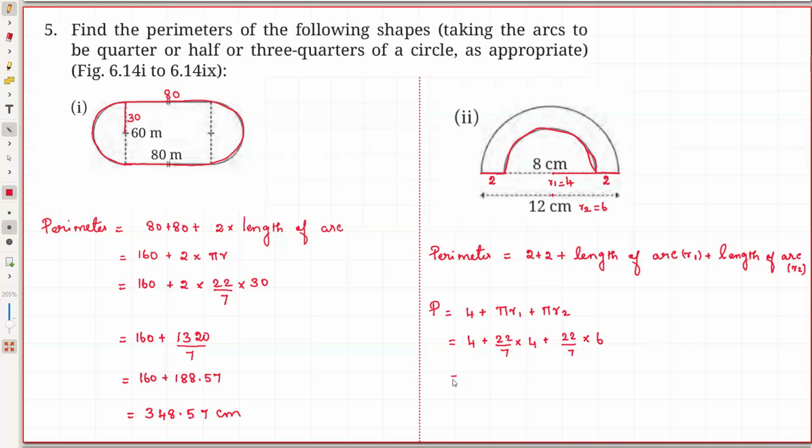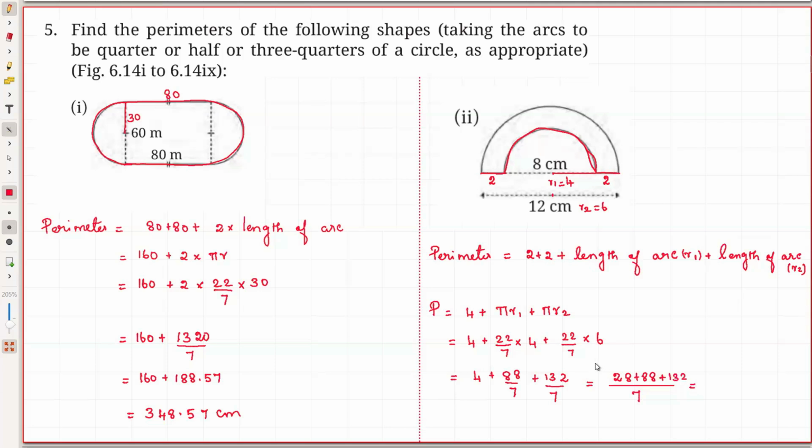So how can we simplify? 4 plus 22 into 4 is 88 by 7, plus 6 2s are 12, balance 1 6, 132 by 7. Now we can take LCM as 7, or divide and add with 4. Which one will be convenient? We'll take LCM. So 7 4s are 28 plus 88 plus 132, divided by 7.